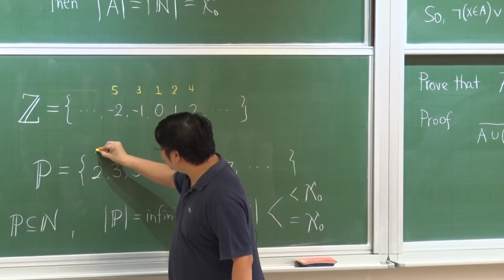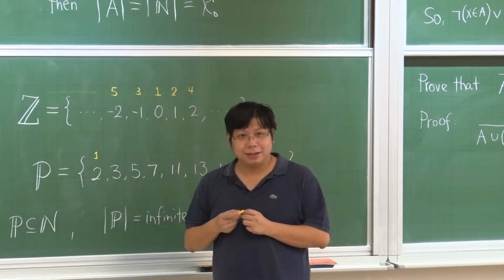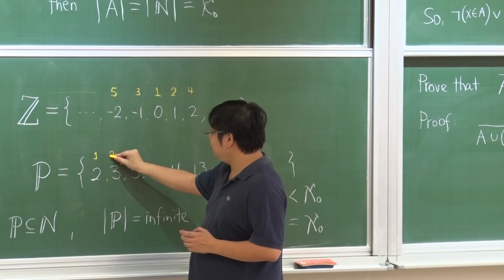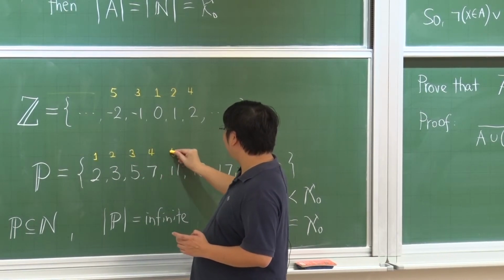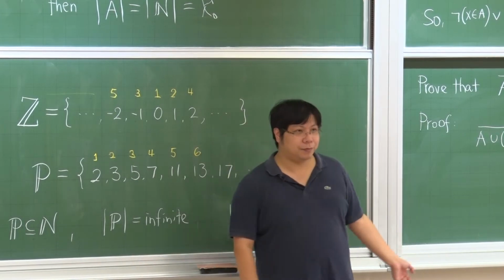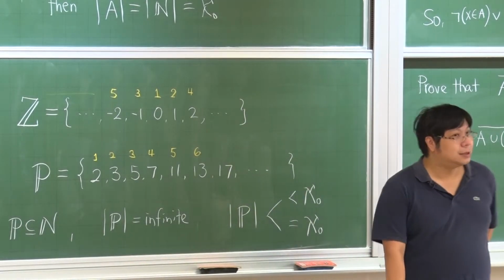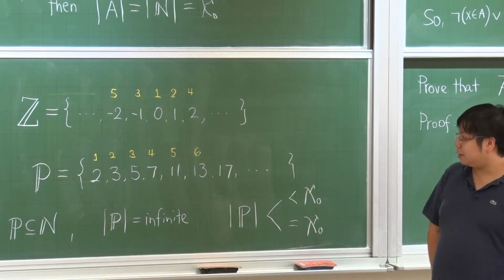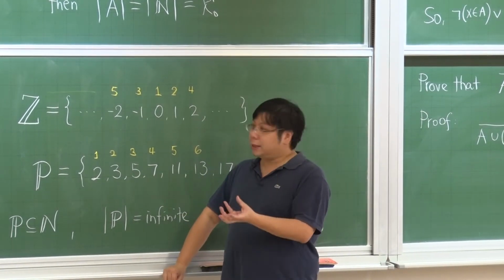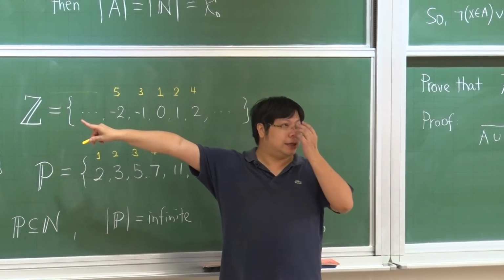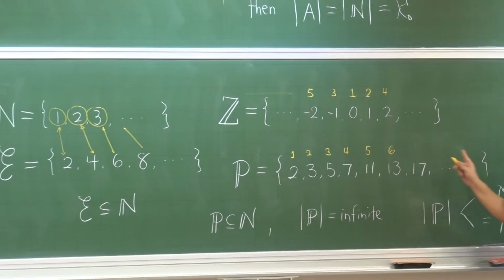So I am going to have the primes correspond to 1 in the natural numbers, 2, 3, 4, 5, 6, and so on and so forth. The corresponding function is difficult to write down, but you can see that every integer in N, you find a correspondence here.